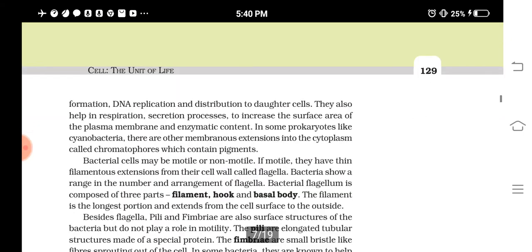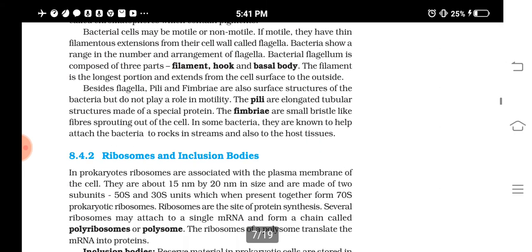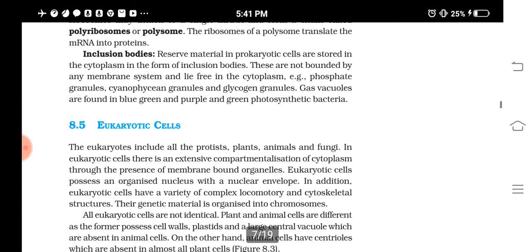Then some flagella, pili, and fimbriae are the extensions of the cell wall. Is it clear? So this is the overall view of a prokaryotic cell or a bacterial cell. Now we are going to study the eukaryotic cell.